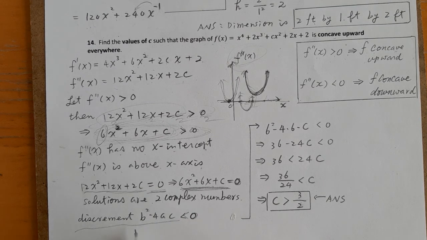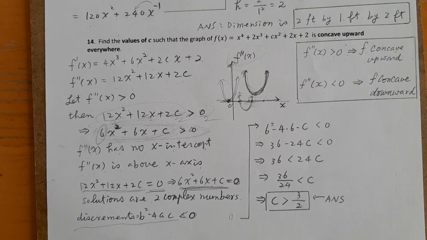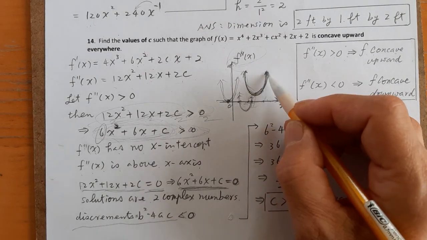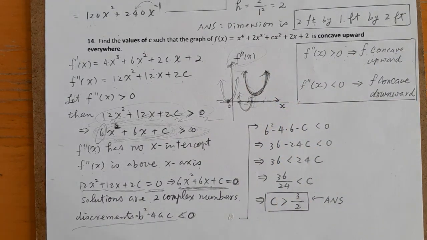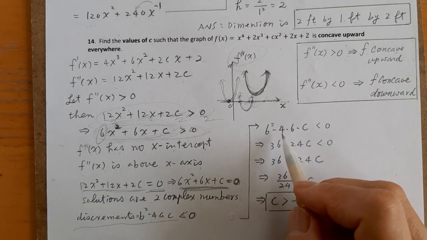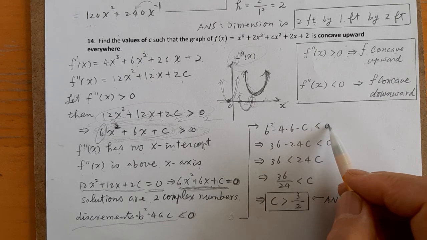Then the discriminant b squared minus 4ac needs to be less than 0, and the graph has no x-intercept and is above the x-axis. So we make the discriminant b squared minus 4ac, where b is 6, a is 6, and c is c, less than 0.